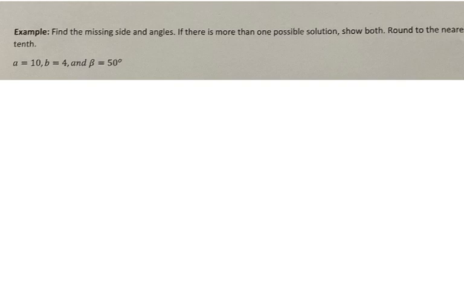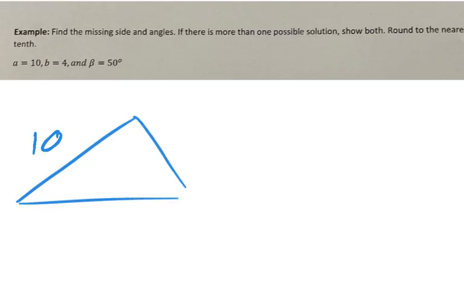Here we go. I've got A is 10, B is 4, beta is 50. So this is 10. Opposite 10 is alpha. I don't know alpha. This is 4. Opposite 4 would be beta. That's 50.